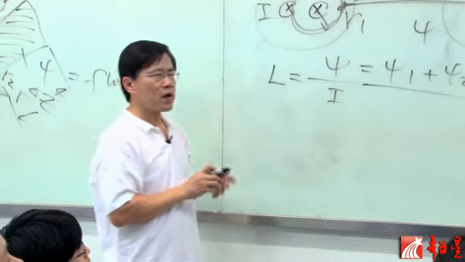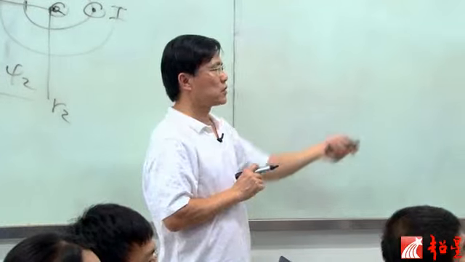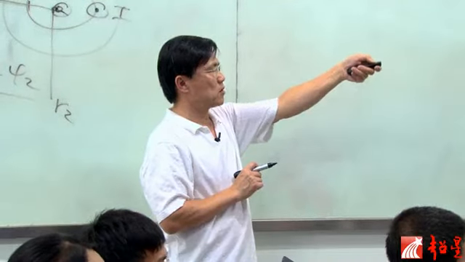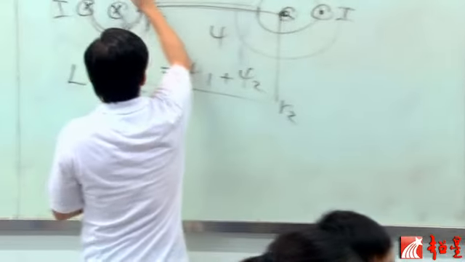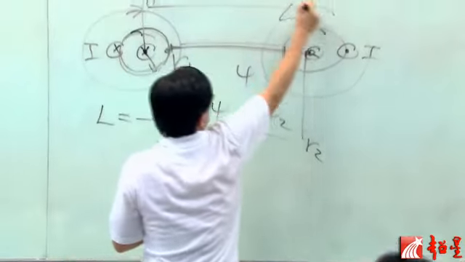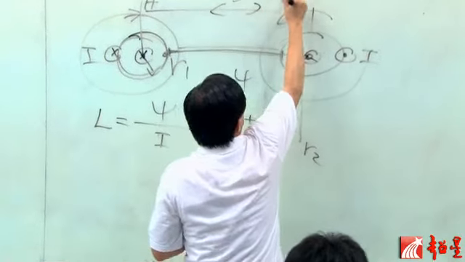Okay, so I'm going to go through the derivation very quickly. That's the formula there. The separation is called S. In this case, from center here to center here is S, or separation.